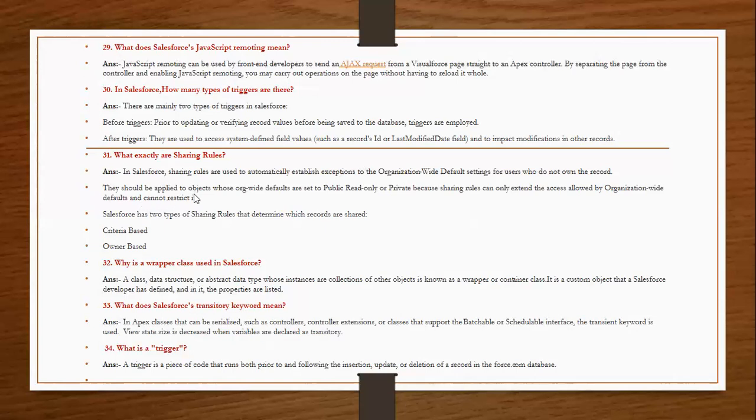They should apply to objects whose org-wide defaults are set to public read only or private, because sharing rules can only extend the access allowed by the organization-wide default and cannot restrict it. Salesforce has two types of sharing rules to determine which records are shared: criteria-based and owner-based. Next question.